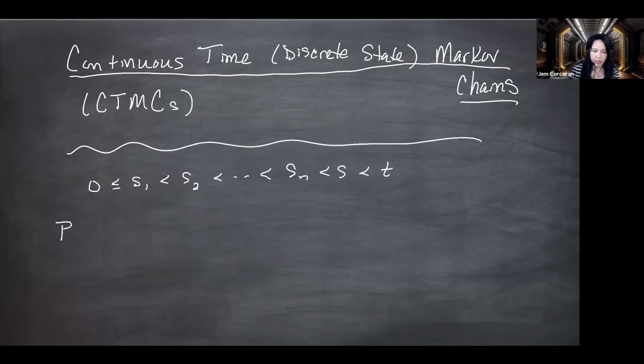We need the probability that X_t is equal to some j. That statement makes sense because it is a discrete state space, so it's a discrete random variable.